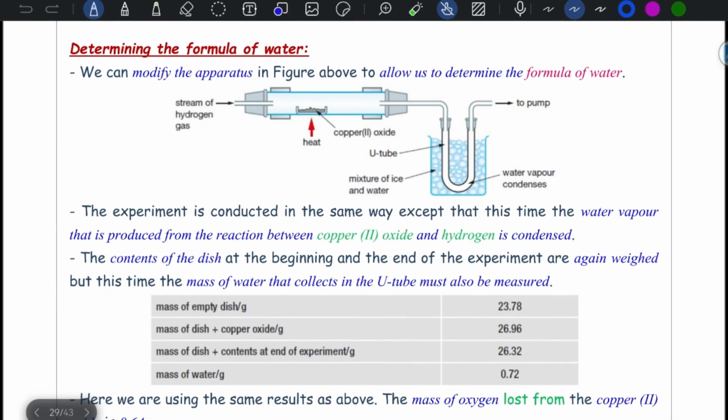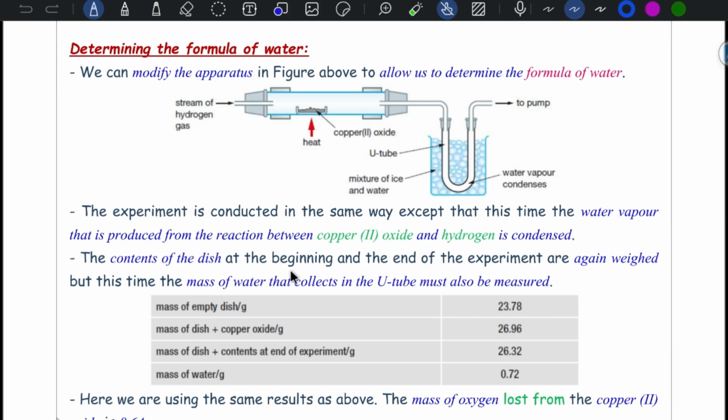We can also determine the formula of water by almost the same procedure, but with some modification. The water vapor is condensed right here by a mixture of ice and cold water in this U-tube, and we find the increase in mass of the tube. The experiment is conducted in the same way, except the water vapor produced in the reaction of copper oxide with hydrogen is condensed right here.